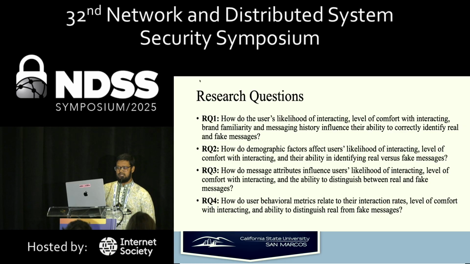The first was how the likelihood of interacting, the level of comfort, brand familiarity or message history impact their ability to detect smishing. The next is the demographic factors. The third is the different attributes of the SMS. And the fourth is different behavioral metrics, whether they correlate with the identification of smishing.